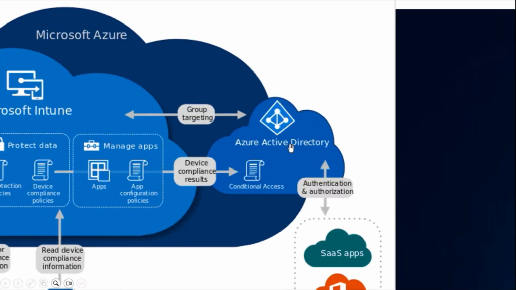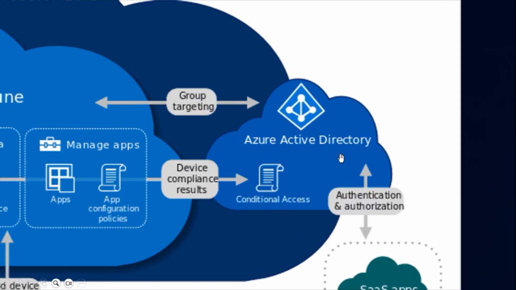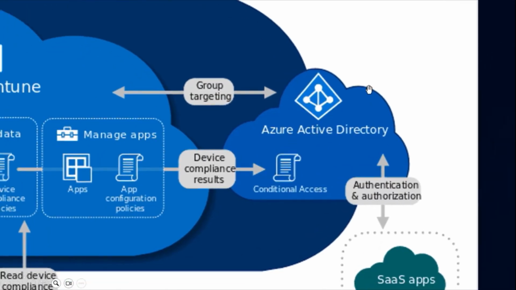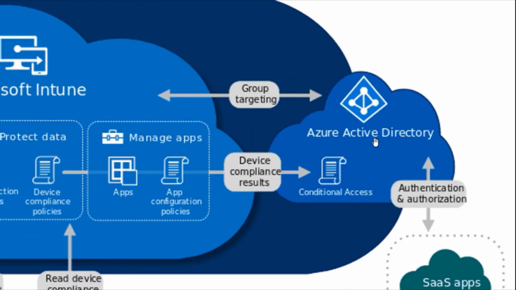Then comes Active Directory, which is now Entra ID. This is a mechanism where you set all sorts of authorization and authentication behind the scenes that runs the logic. When you set a user in a group, that user will be targeted through group targeting.